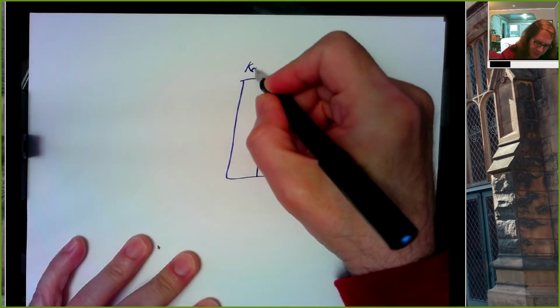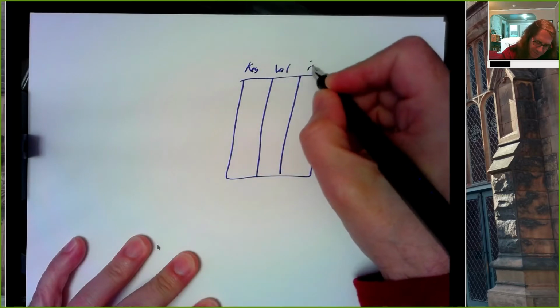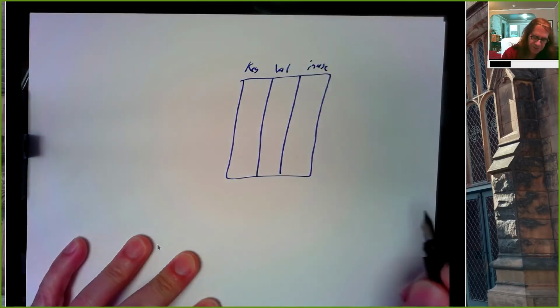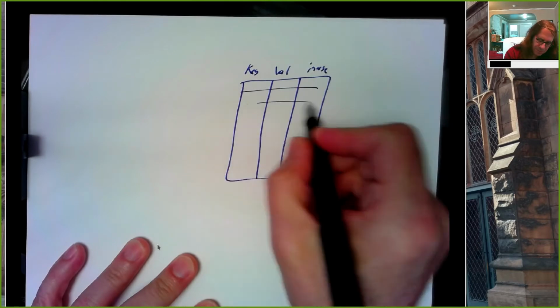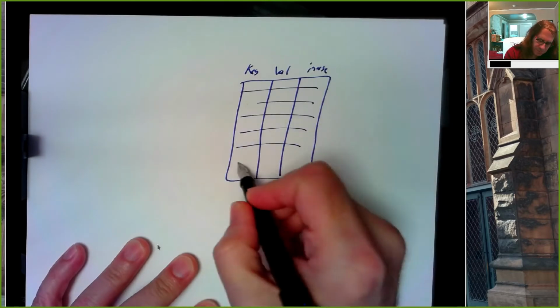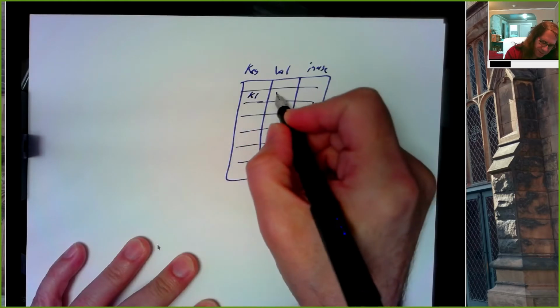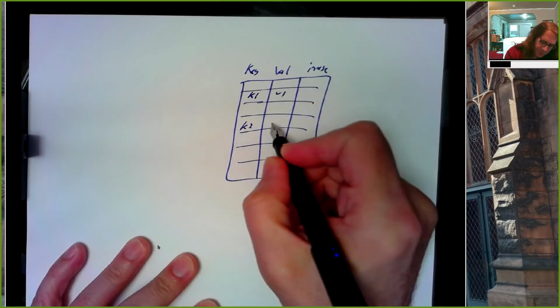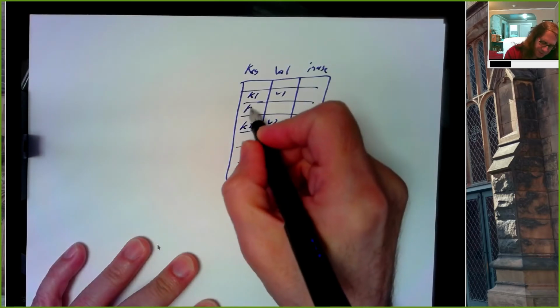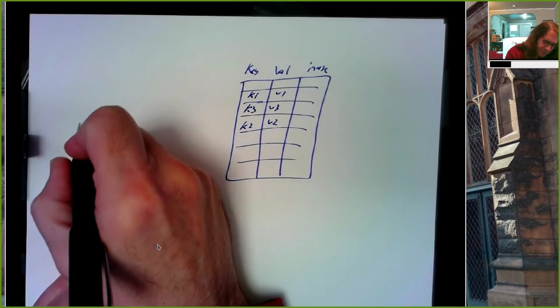We've got a key, we've got a value, we've got an in-use field. So we've got key 1, value 1, key 2, value 2. Let's say this is key 3, value 3.